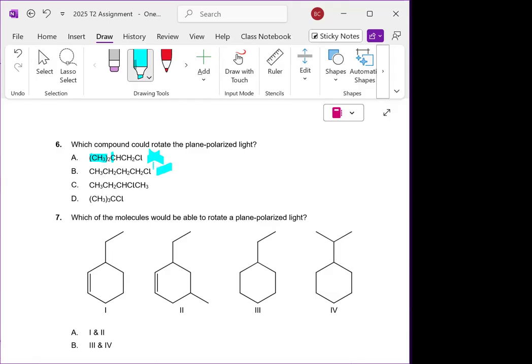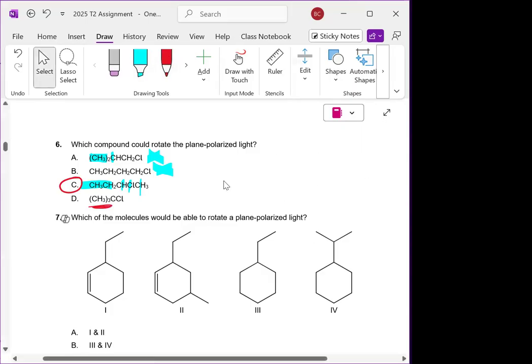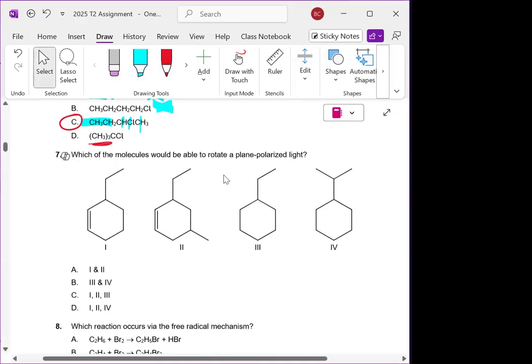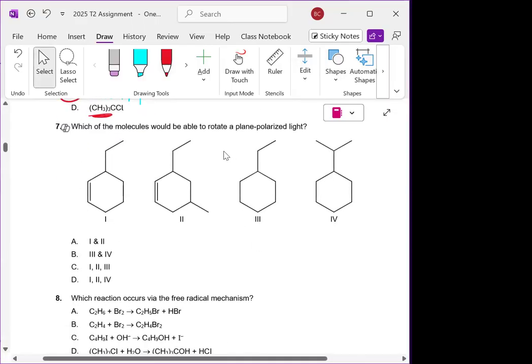So no, because every time they have 2 H. This one is H2, then there's a CHCl, so possible. So let's look at this. It's bonded to a H, bonded to a Cl, bonded to a CH3, and bonded to a C2H5. So answer is C. Okay, whereas the third one, 3 of the groups are the same, all methyl group. So no chiral carbon.